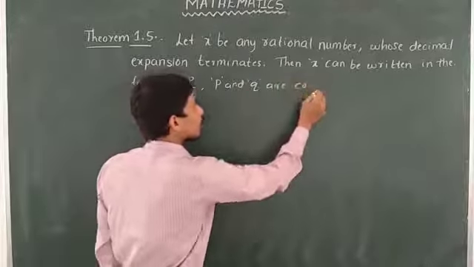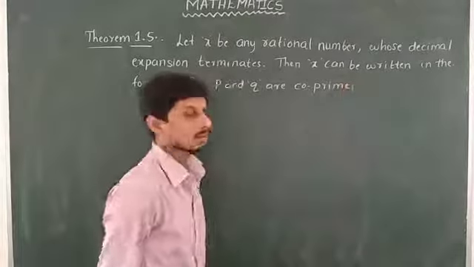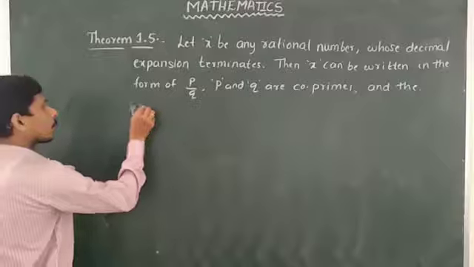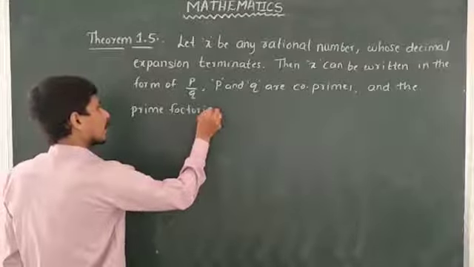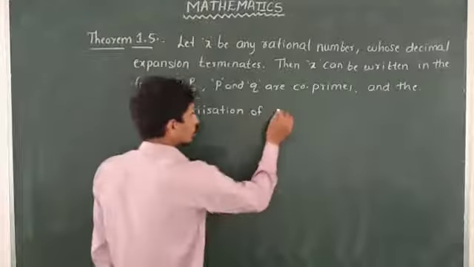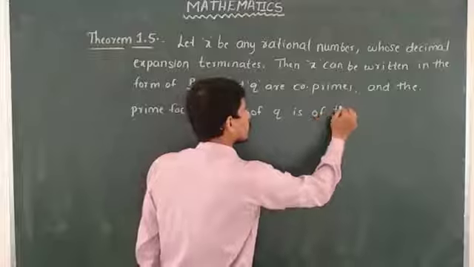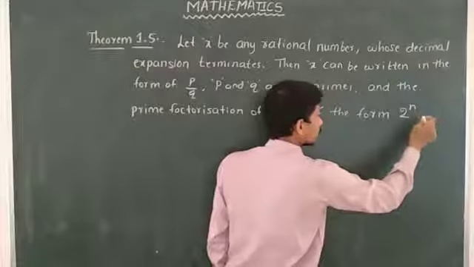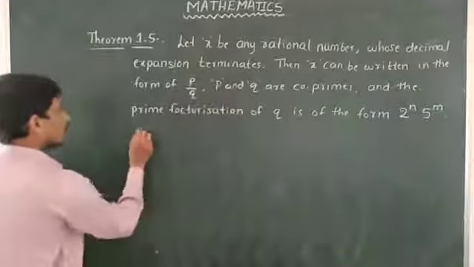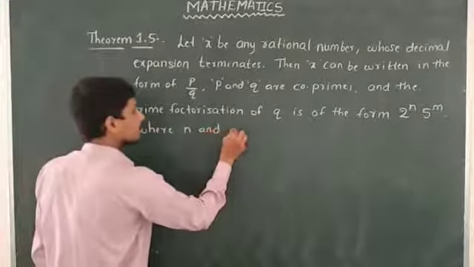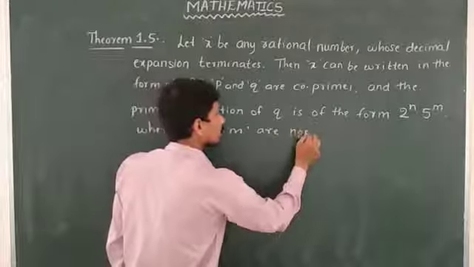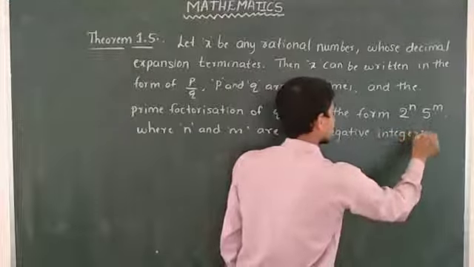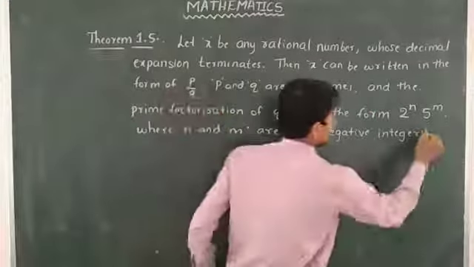P and q are co-primes, and the prime factorization of q is of the form 2 raised to n and 5 raised to m, where n and m are non-negative integers.